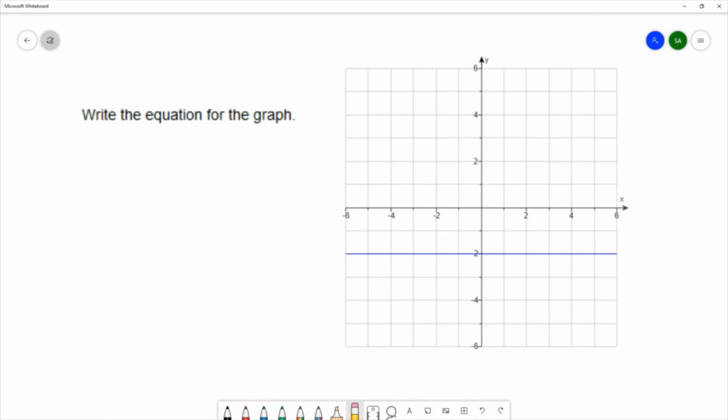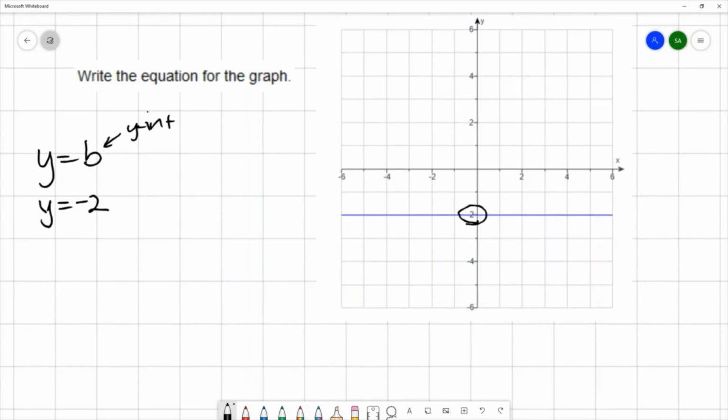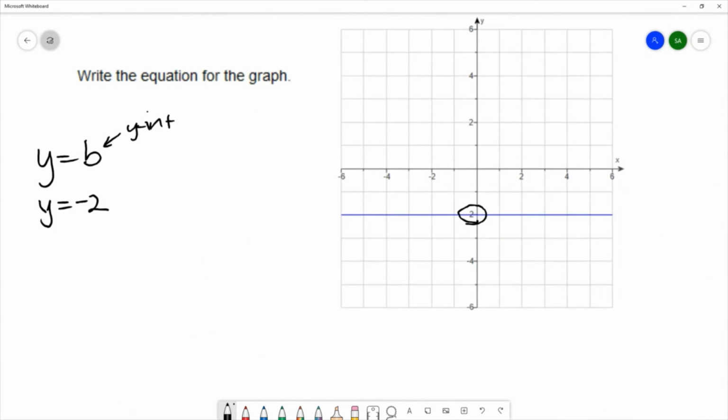If you know that a horizontal line has the equation y equals b, where b is any y value on any point, or you could think that b is the y-intercept, then you can find the equation of the line by just recognizing the y value to be -2. This would be y equals -2. That would be the equation for this graph.